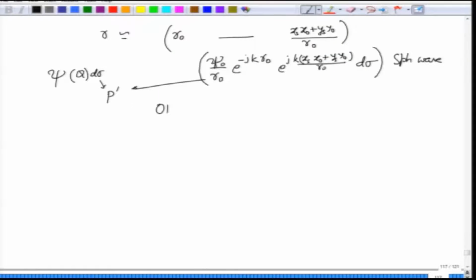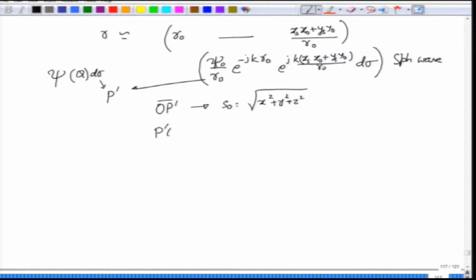Similarly to the assumptions we have made, the distance OP prime is S0, which is given by the square root of x square plus y square plus z square.